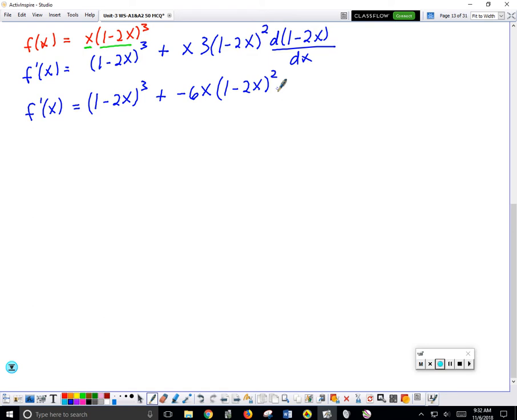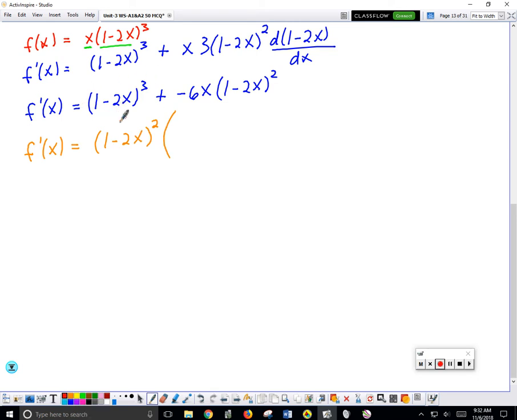We don't have to factor because we're just going to use the equation. But just as a little bit of practice together, I'll factor it. So the common factor is 1 minus 2x all cubed. Factoring means we divide.